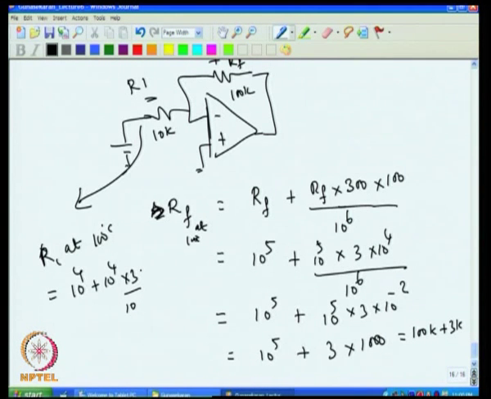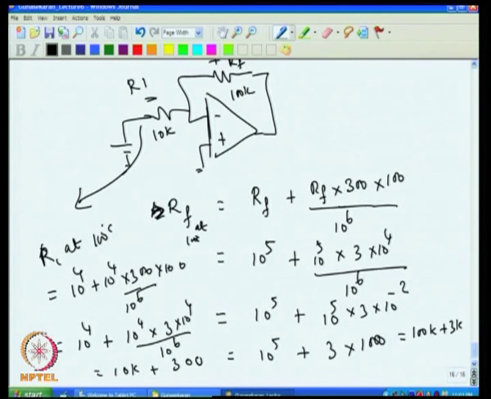So, 300 in 10 power 6 into 100 degree C. If you simplify, you will get 10 power 4 plus 10 power 4 into 3 in 10 power 4 divided by 10 power 6. That works out to be 10 K remains there, and then 10 power minus 2 comes there. If you go with this, then that becomes 10 power 2, that becomes 300 ohms.